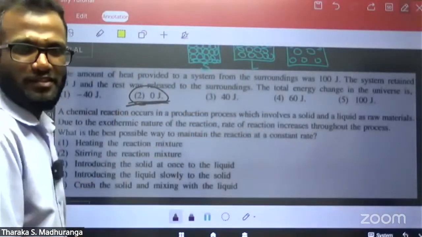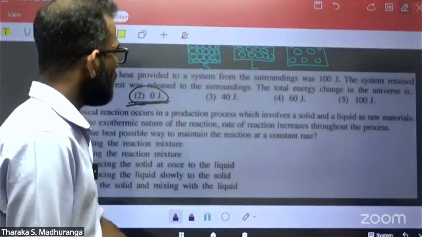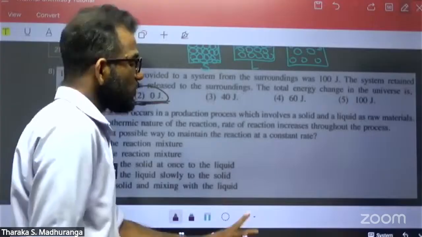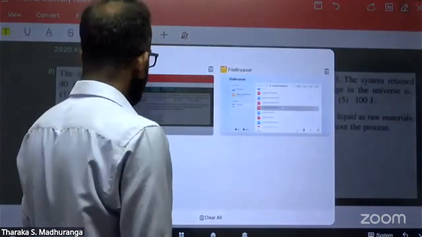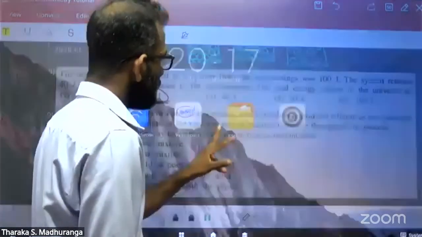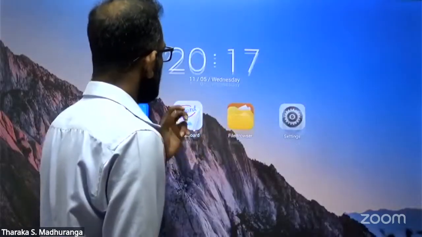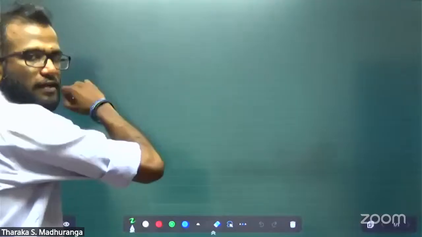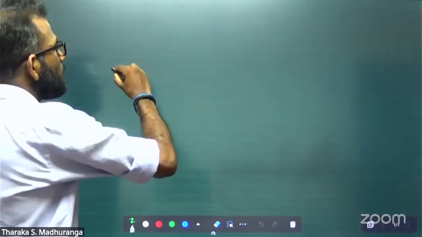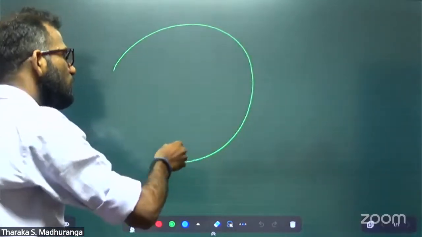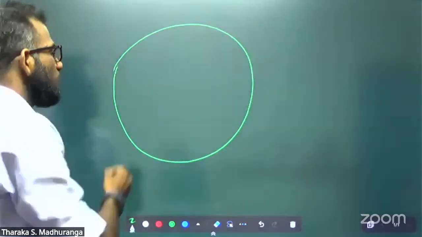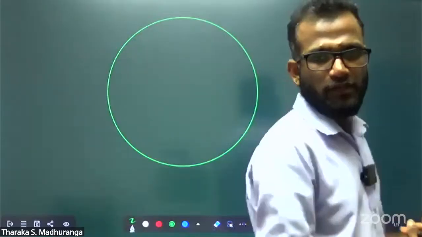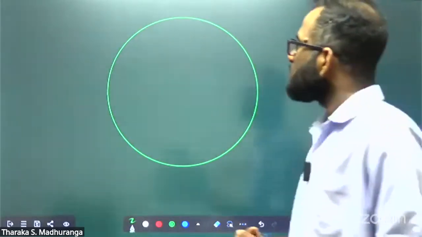Okay, it is a very small point you need to understand. If you remember, I explained 3 parts in a system. The selected area to study from the universe, that we call a system.